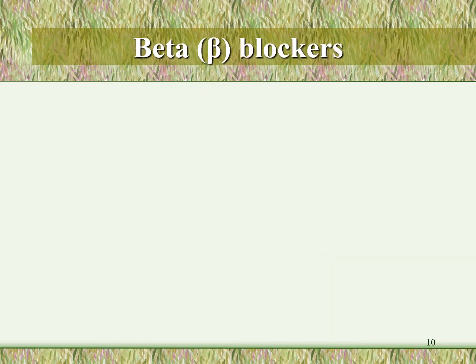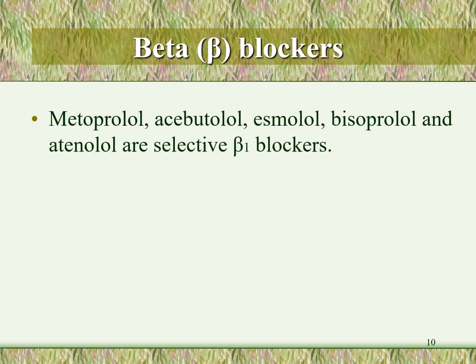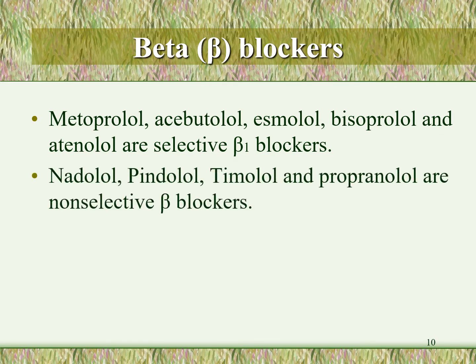Now we'll talk about beta blockers. Beta blockers are a group of drugs characterized by the suffix -olol, such as metoprolol, acebutolol, esmolol, bisoprolol, atenolol. All of these drugs are selective beta 1 blockers. Also, we have nadolol, pindolol, timolol, propranolol.